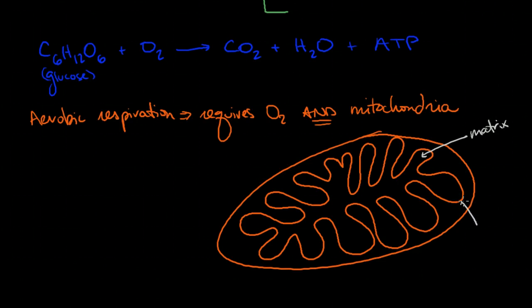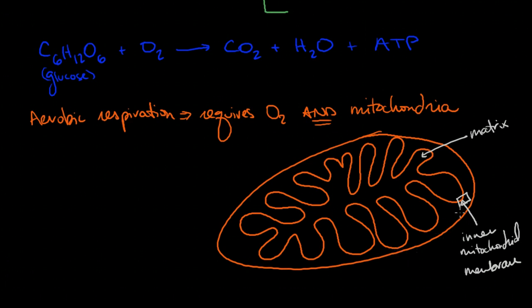This line in here we'll call the inner mitochondrial membrane. And this other one on the outside is the outer mitochondrial membrane, but I'm not going to label it yet. So we're going to first focus in here at the inner mitochondrial membrane.